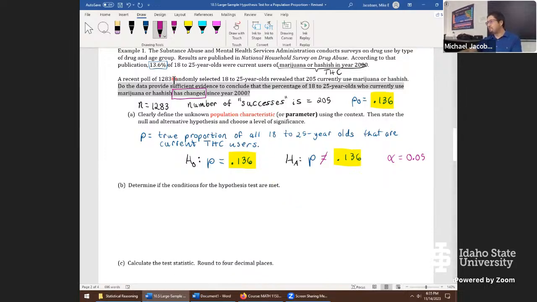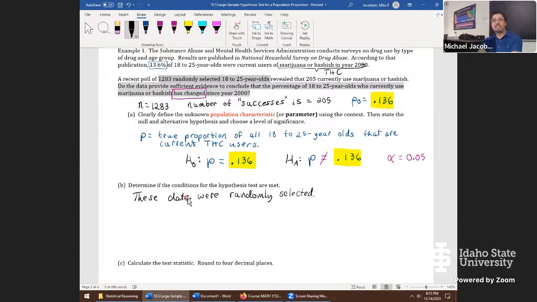Let's take a look here. It said 1,283 randomly selected 18 to 25-year-olds. That's great information right there. So we can say these data were randomly selected. The trouble, though, is all they said was they were randomly selected.